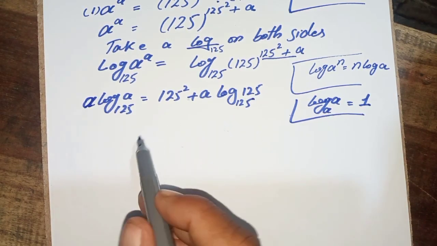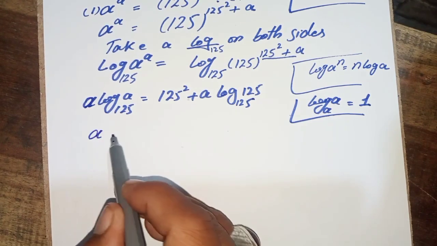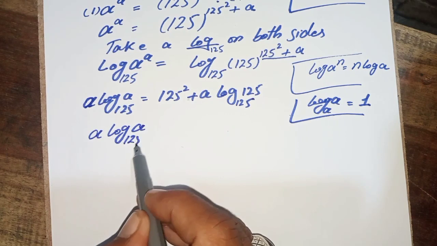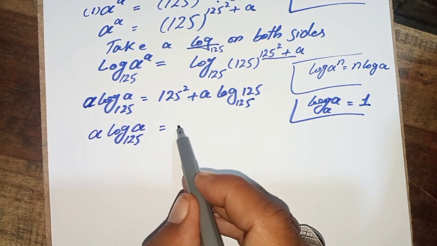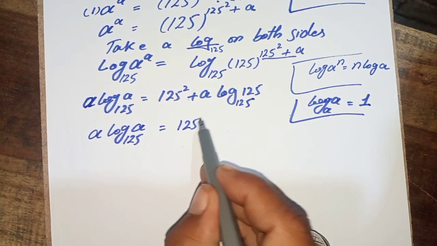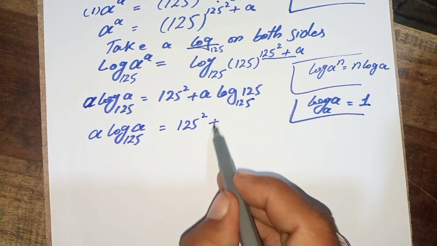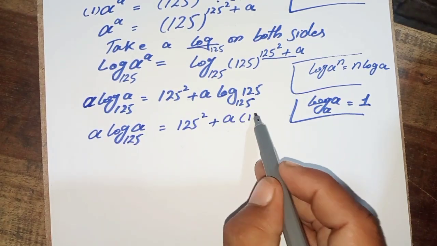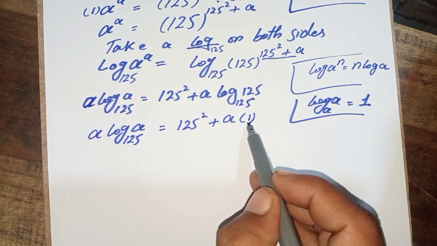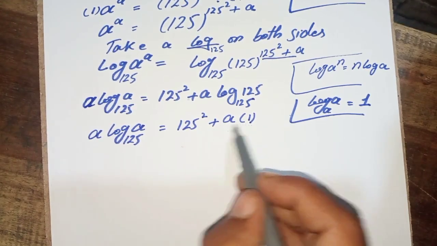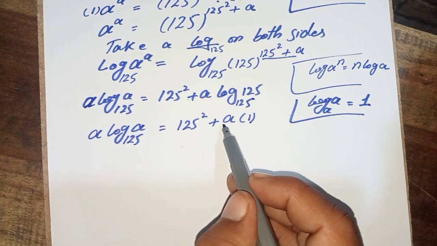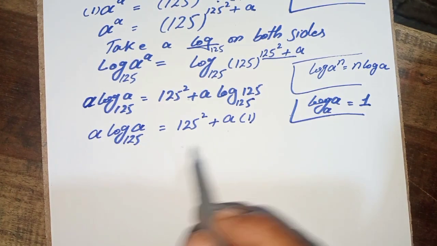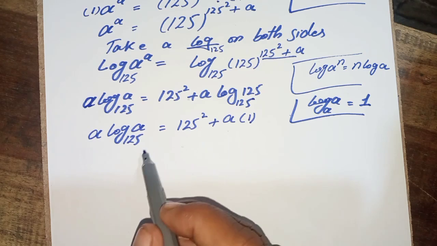So we write this equation: a log base 125 of a equals (125^2 + a), and this log becomes 1. When 1 multiplies this, it stays the same. Now in the next step, we divide by a on both sides of the equation.